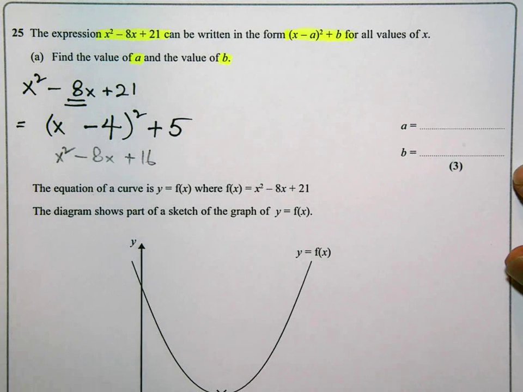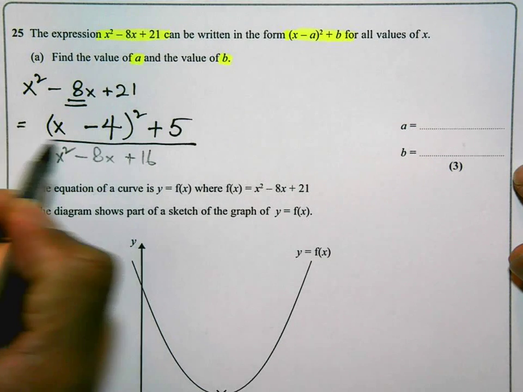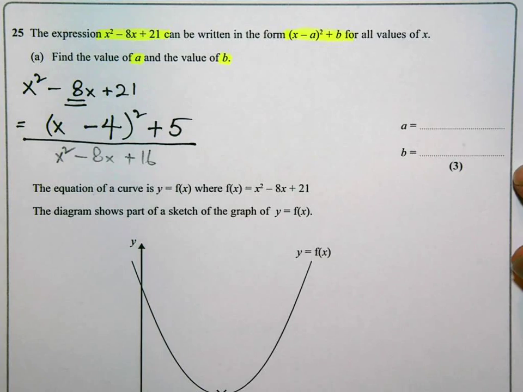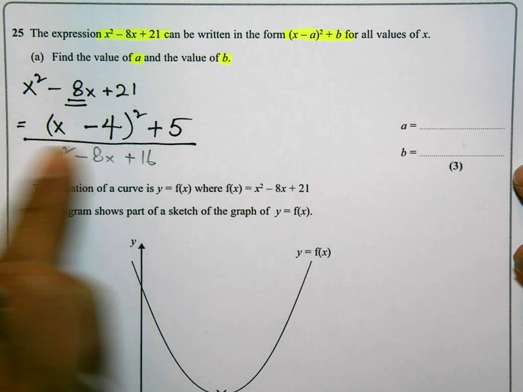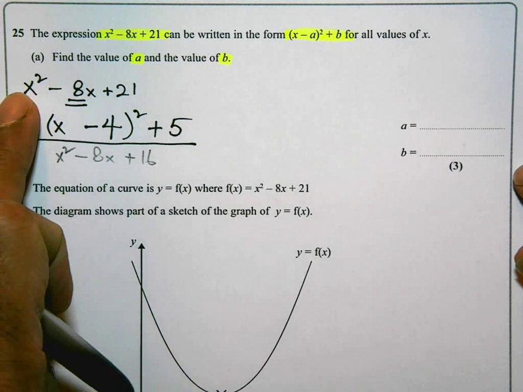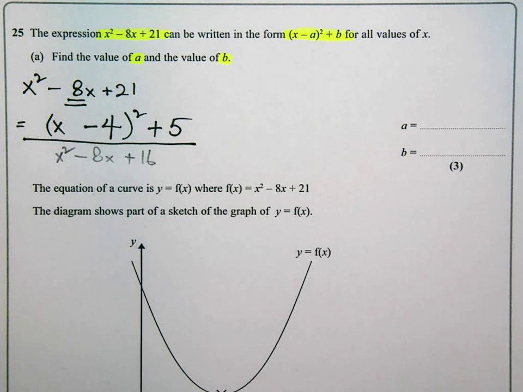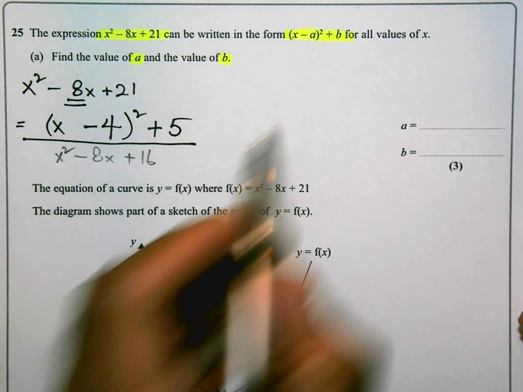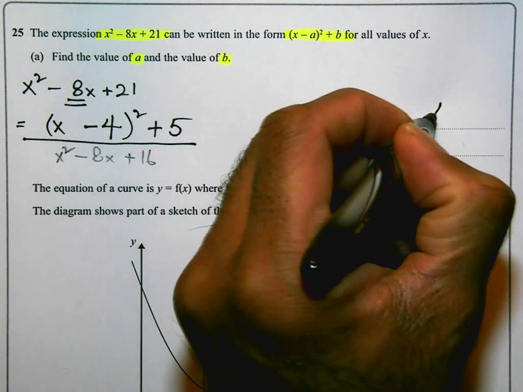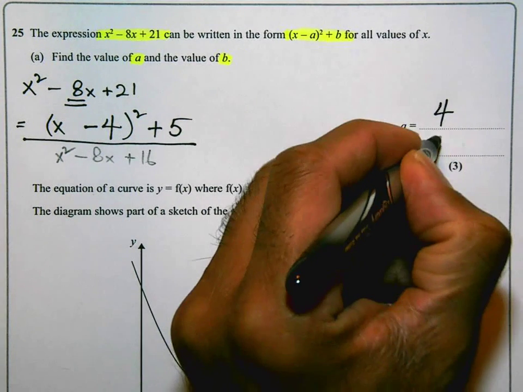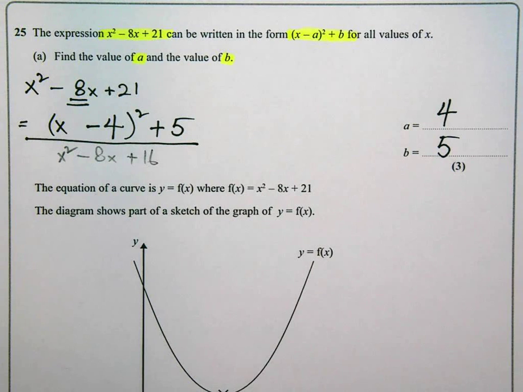So when I completed the square, that is what my expression would be. If I expanded and simplified that expression, I would end up with x squared minus 8x plus 21. So for a and b, a is going to be 4, b is going to be 5. And that's a pretty straightforward 3 marks.